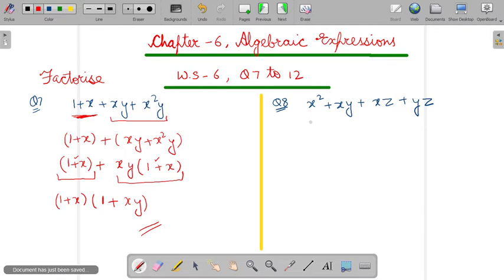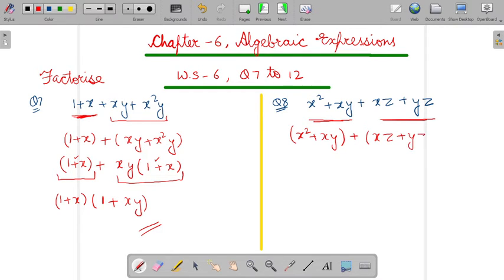Now similarly we will proceed for this. We will group them like this. So x square plus xy we will take it together, and xz plus yz we will take it together. Now we take something common out of this. So what is common? X is common and x plus y will be left out. Plus from this we take something common.